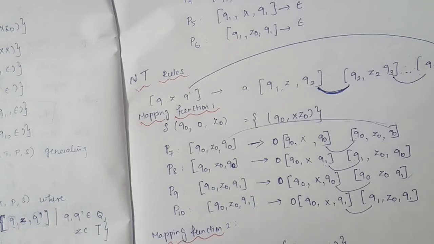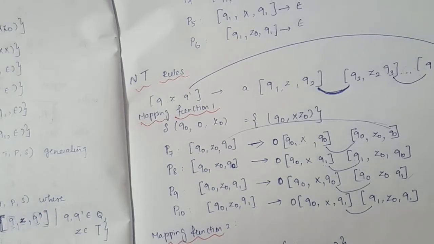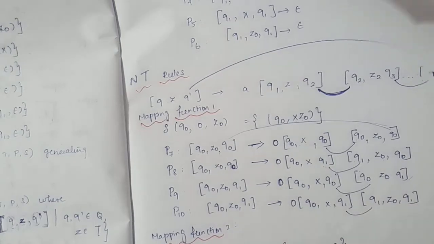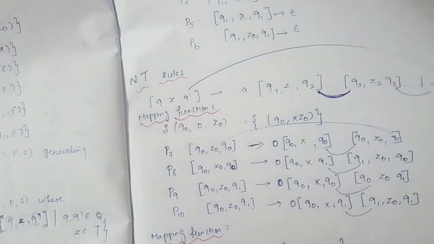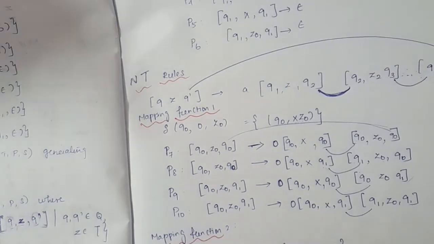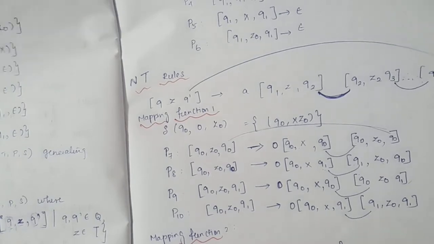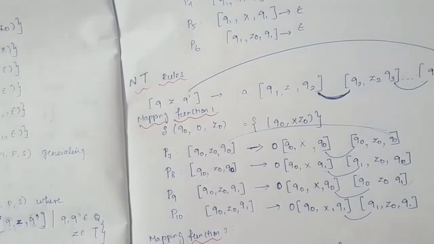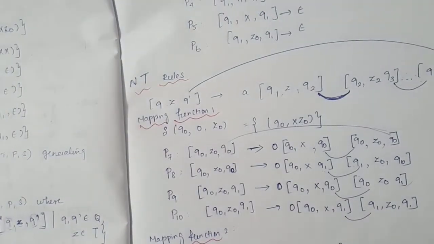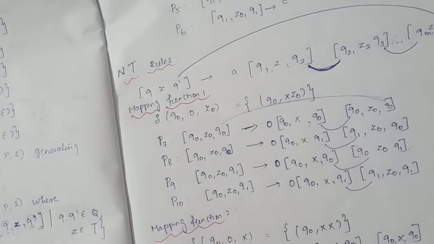All the productions that lead to a terminal string we have to keep in a particular CFG. Also we'll eliminate the productions which are not reachable, which are not reachable from a starting state. Those are also to be eliminated.